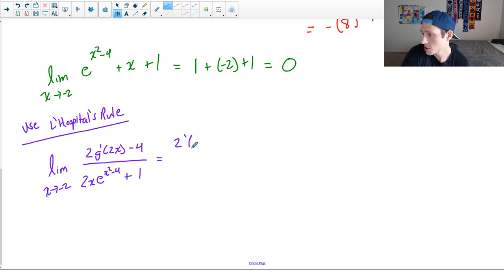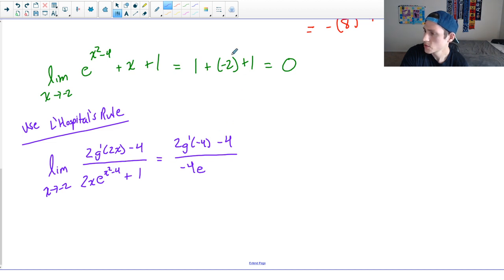So 2 times g prime of 2 to -4. Oops, sorry, I forgot the g part. So 2g prime of -4 minus 4 over 2 times -2, so that would be -4 e.